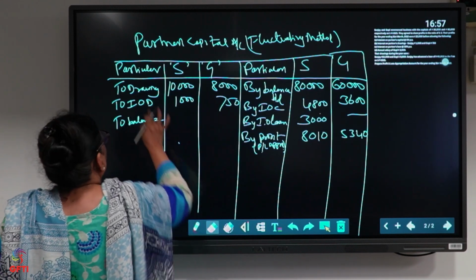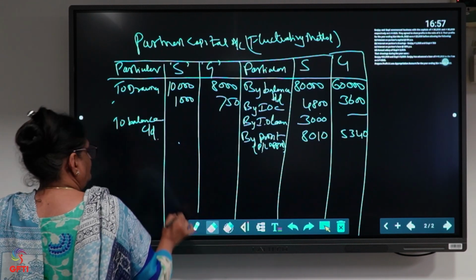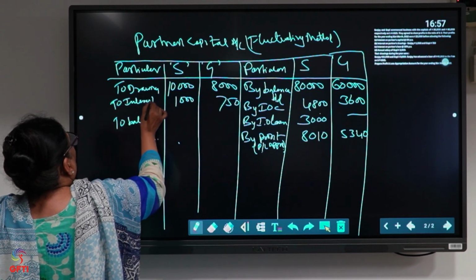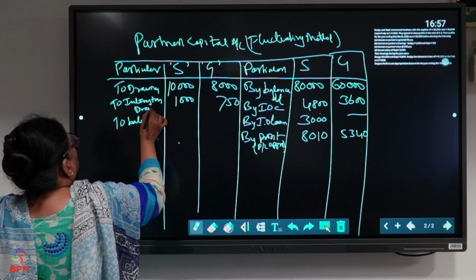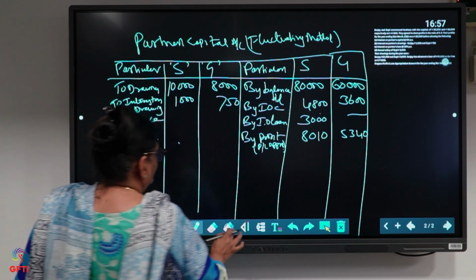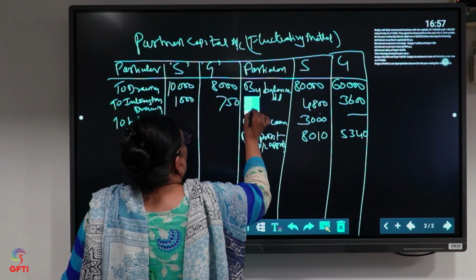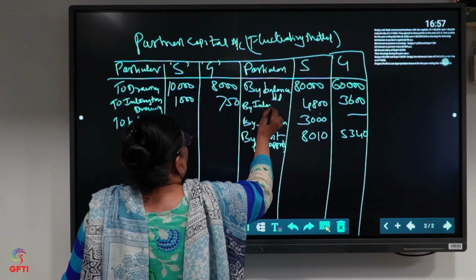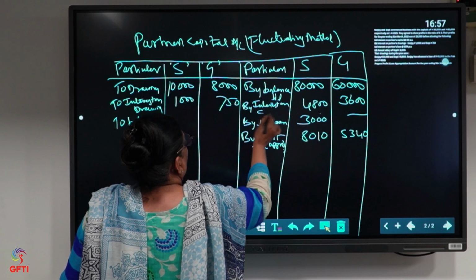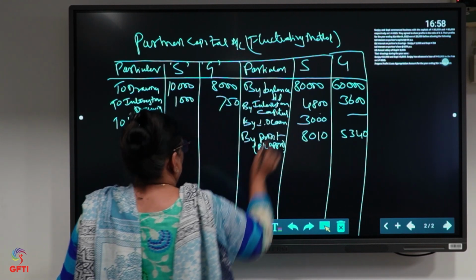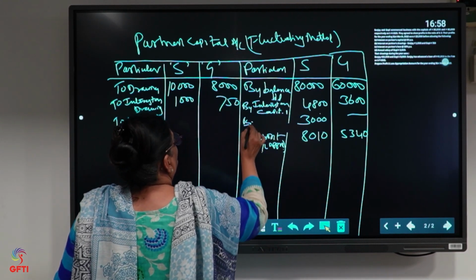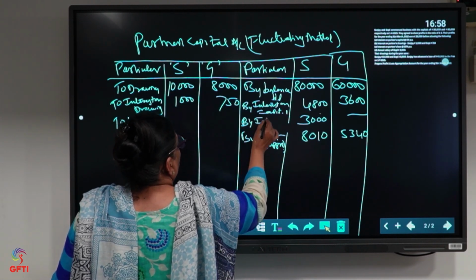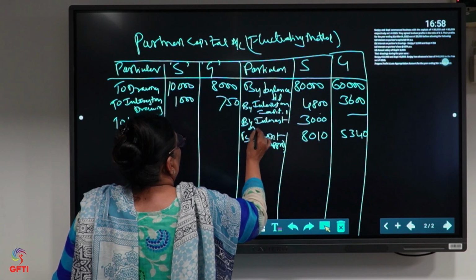So let us write: to interest on drawing, by interest on capital, by interest on loan account, correct?